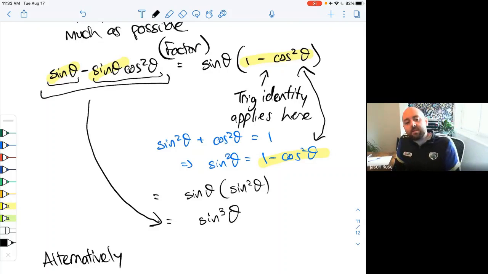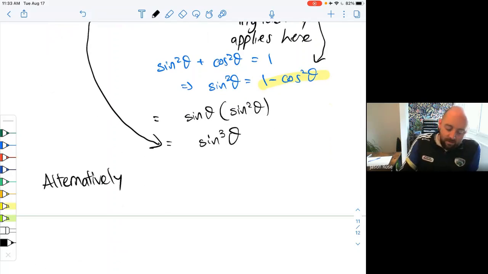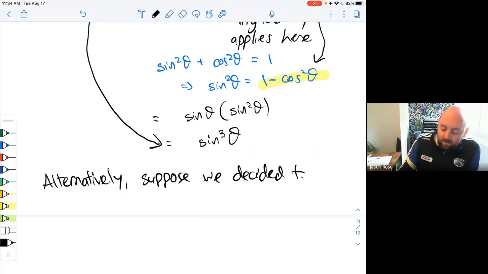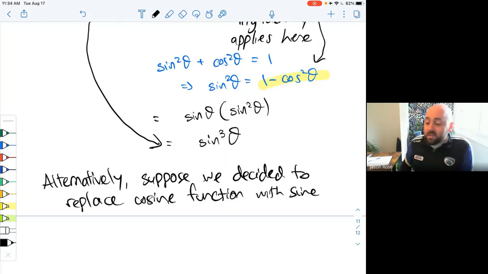Lewis looked at this and said, I think if I factor, I see the same thing in two terms, so I'm going to factor, and then the trig identity popped out. Maybe you didn't really notice that, and what you said is, alternatively, suppose we looked at this and we decided to replace the cosine function with sine, because maybe we thought to ourselves, you know what would be more simplified?